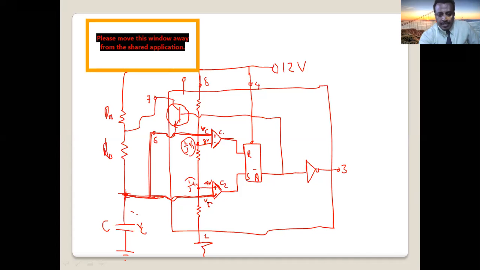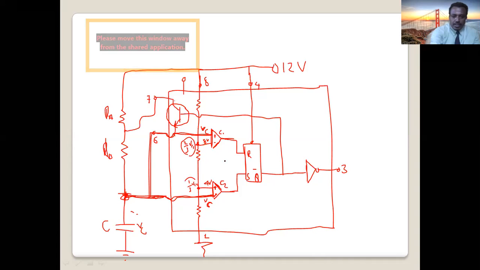Now VC is the other input. Voltage across the capacitor, this one, we bring it to the two comparators. So let's say how much voltage stored in the capacitor. Okay, let's say 9 volts. What will happen to the outputs? Let's see.